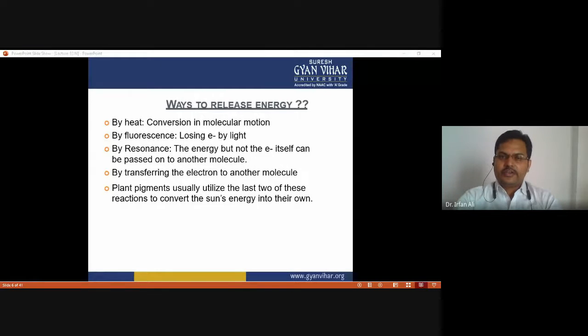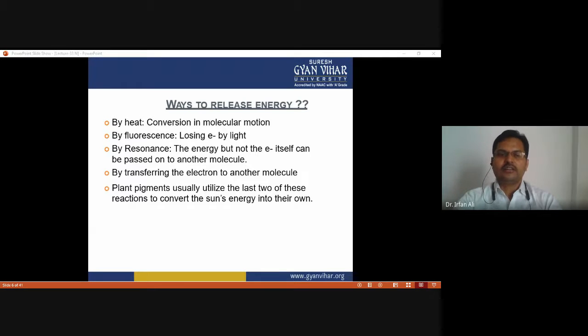And where is the energy released? Energy can be released in the form of heat, through conversion into molecular motion, and the energy can be released in the form of fluorescence. Sometimes energy is released in the form of resonance, so the energy, but not the electron itself, can be passed on to another molecule.